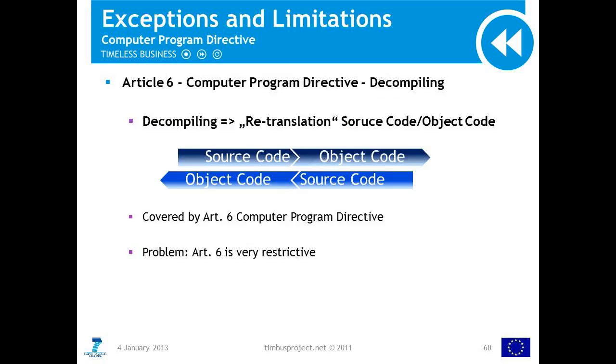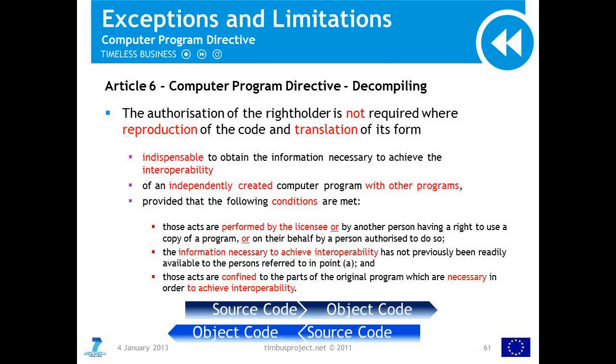So the European legislator saw that problem and says, therefore, that the reproduction of the translation, if this is indispensable to obtain information that is necessary to achieve interoperability between two programs, then you are allowed to decompile.